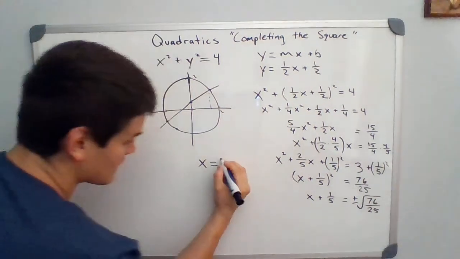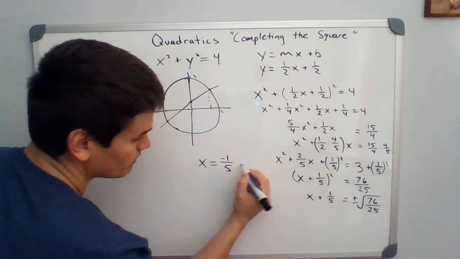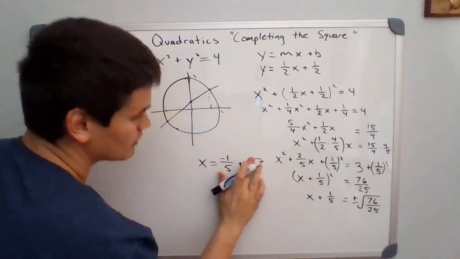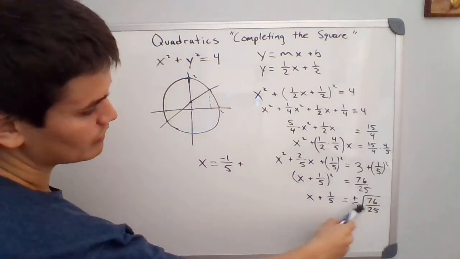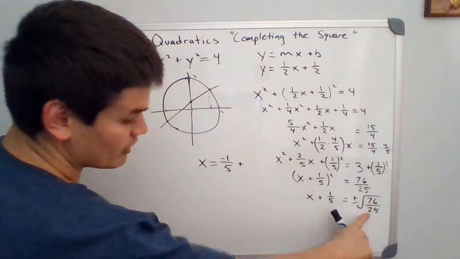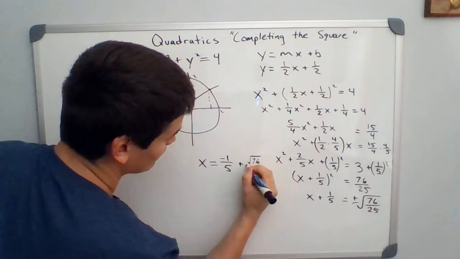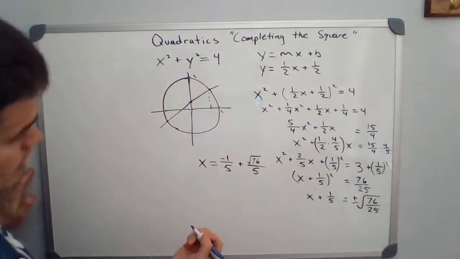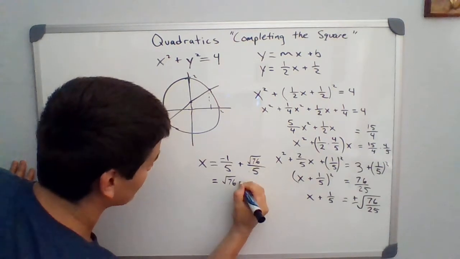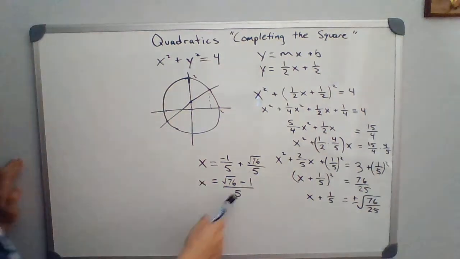One of them is negative 1/5 plus the square root of, well, when we take square roots, we take the square root of the numerator divided by the square root of the denominator. I know the square root of the denominator is 5, so I can say plus the square root of 76 divided by 5. Or we could just write this as square root of 76 minus 1 divided by 5. So that's one of my x coordinates.